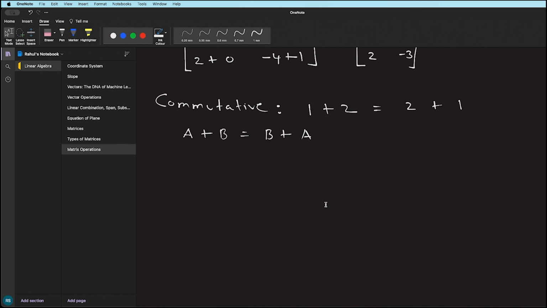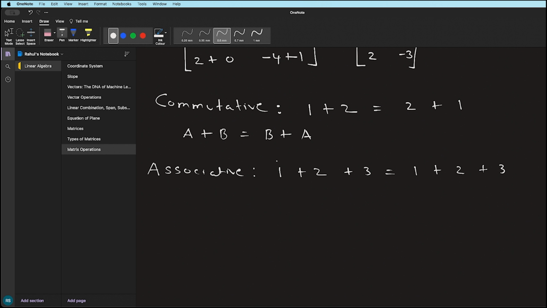Now coming to the associative property. In the case of associative, if we add real numbers, 1 plus 2 plus 3, it is the same whichever way we group them.